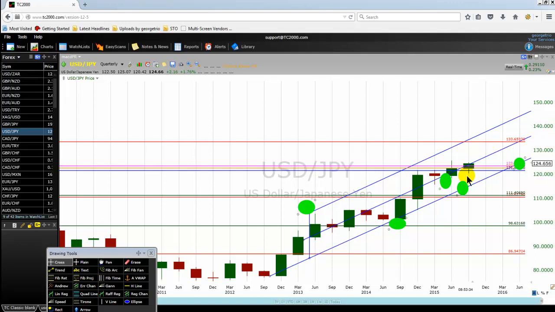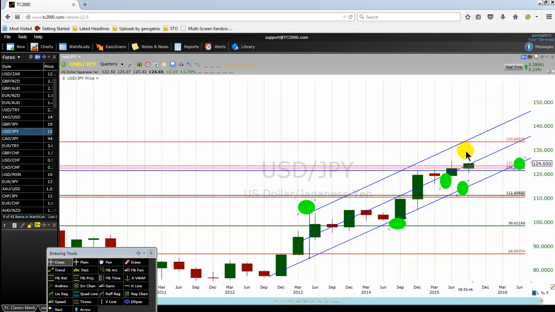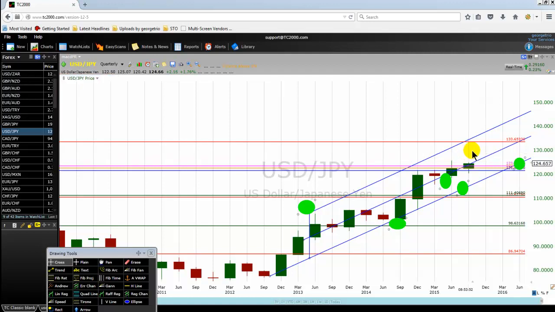The price going up, what is the next resistance level? The nearest resistance level is the high of last quarter, 125.85. Above that level, there is a better resistance level, which is 127.55. Do not forget 127.55. The greediest bullish target is at 133.65, which is the red horizontal line.